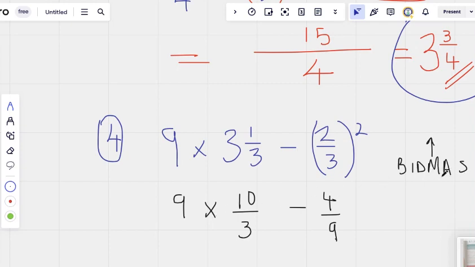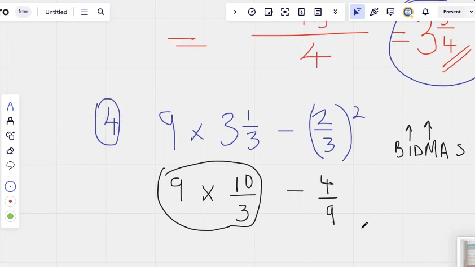If there was division, we would have done the division first. You see the one I did first? Because of the power, I simplify the one that has power first. After I have done the power, now I'm doing the multiplication, which means I have to do this together first, because multiplication comes first before we now subtract.